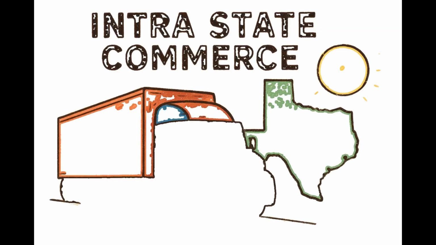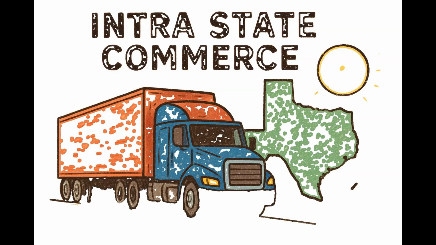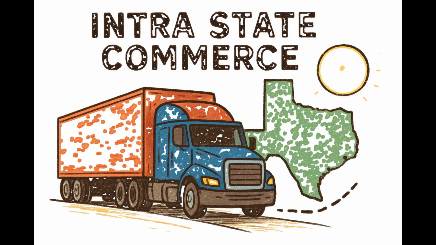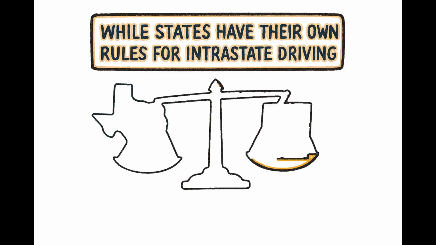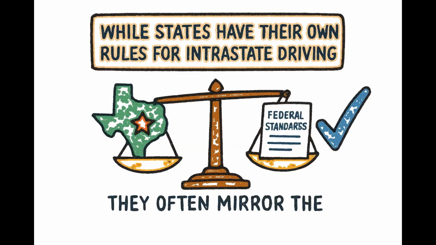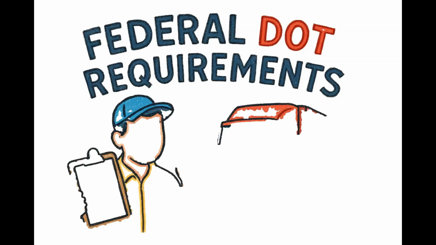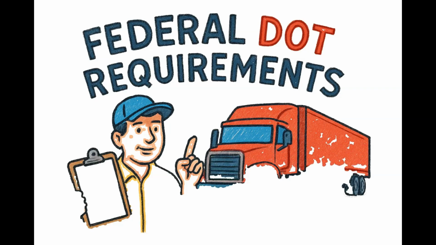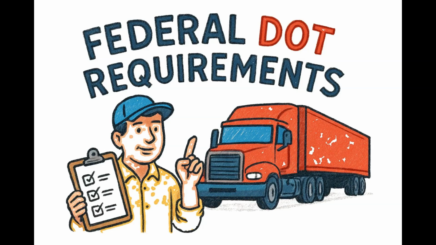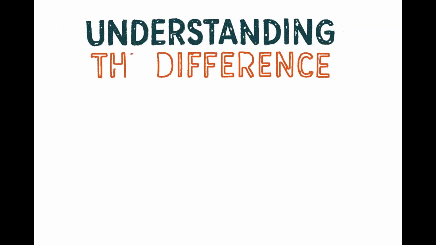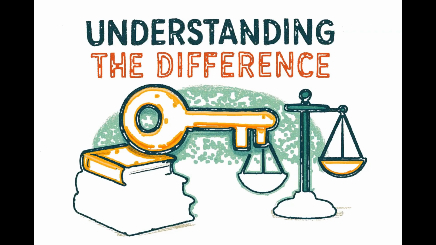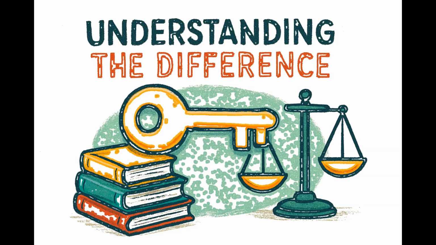Intrastate commerce means you and your cargo stay exclusively within a single state's borders. While states have their own rules for intrastate driving, they often mirror the federal standards. For our purposes, we're focusing on the federal DOT requirements that govern interstate commerce, because that's what most of you operate under. Understanding this difference is key because the federal rules are the foundation for the entire system.